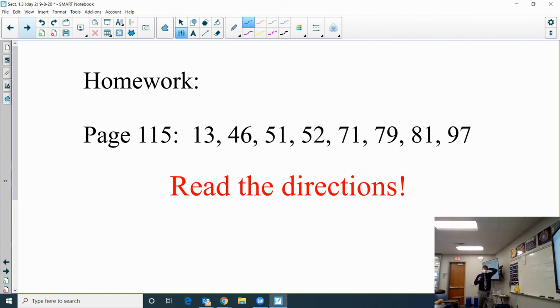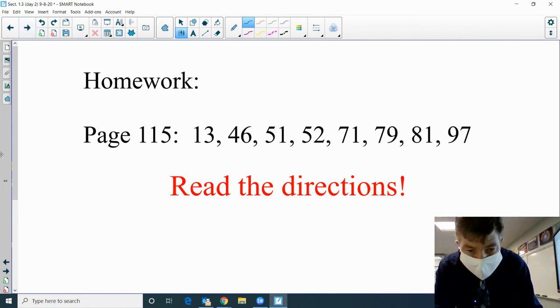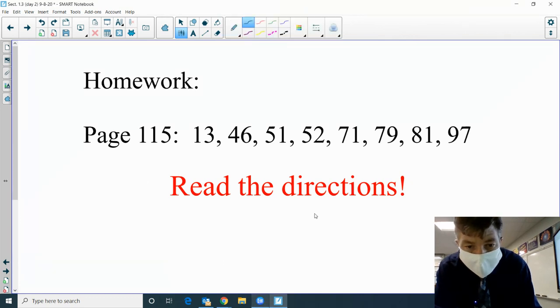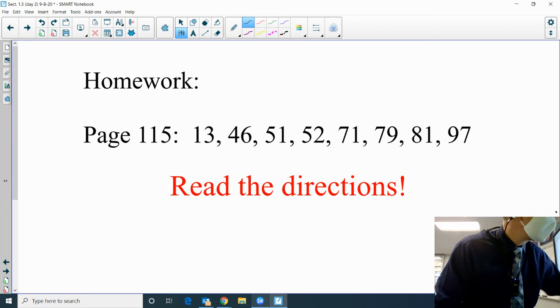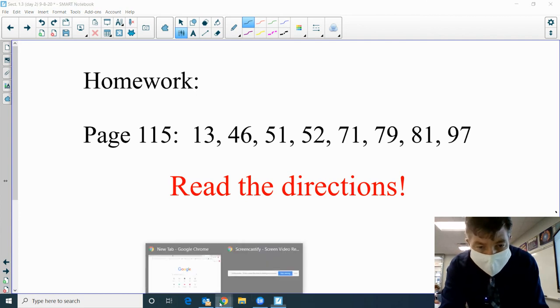And then most of the others are either just solving any way possible or quadratic formula. But I do want to see the 13 and 46 here, or I'll be around to look at them.